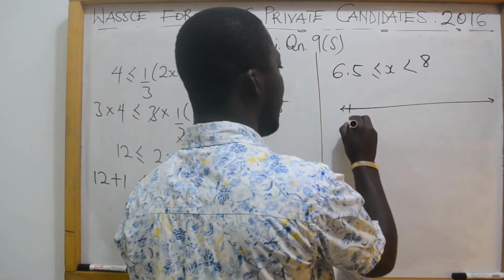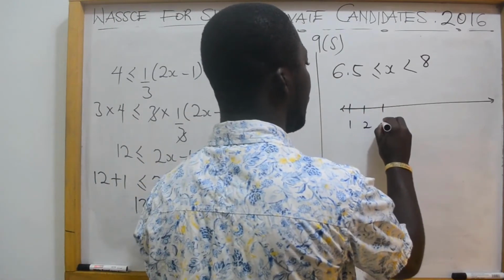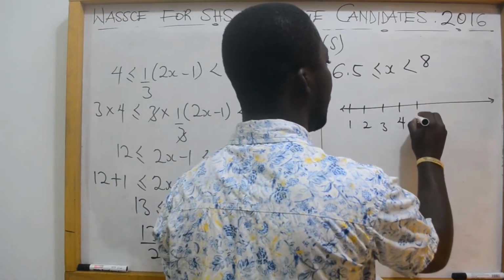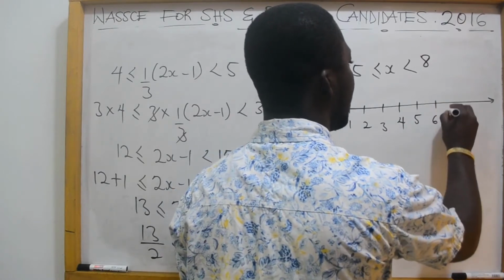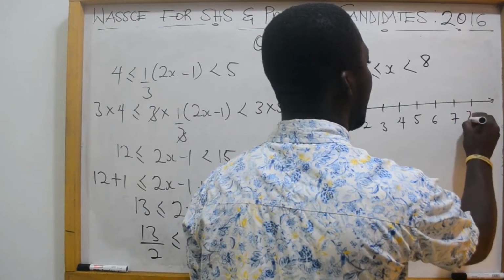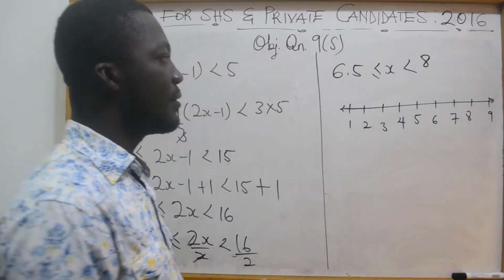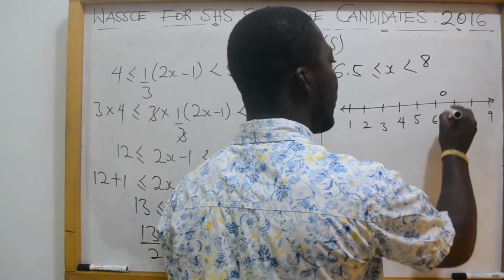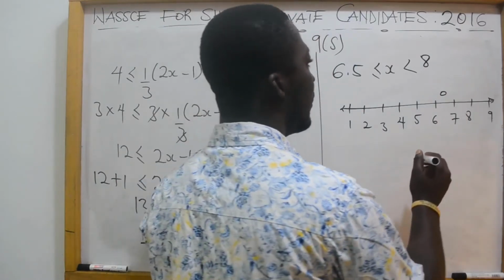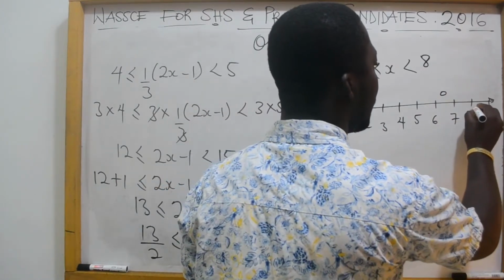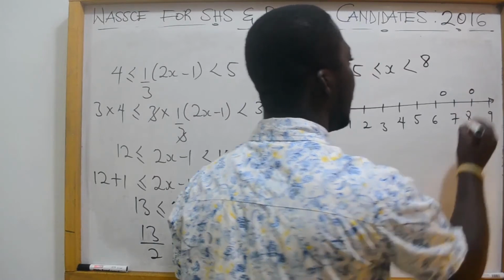It will begin 1, 2, 3, 4, 5, 6, 7, 8, 9. So 6.5 will fall here in the middle, and 8 will also fall here.